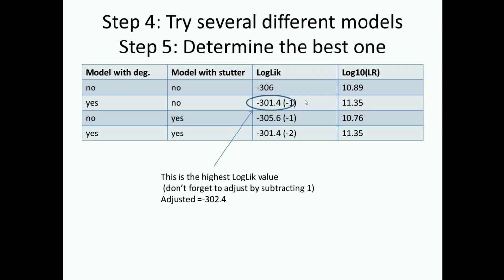So what we're looking for is the maximum log likelihood, and that is clearly this one, a model with degradation but without stutter, and that gives us an overall likelihood ratio using MLE of log 10 11.35, and you notice that all these likelihood ratios are actually pretty similar to each other.